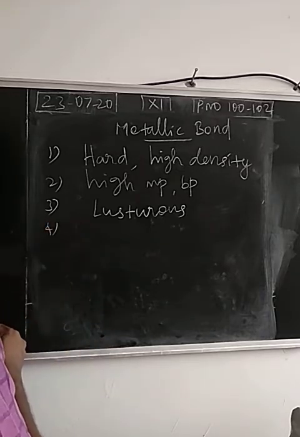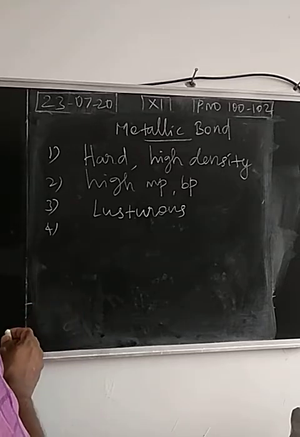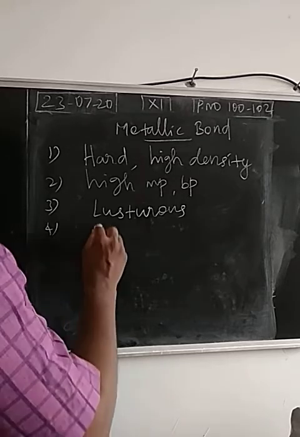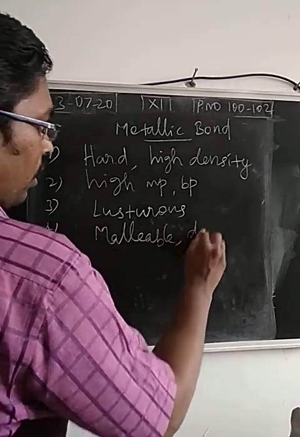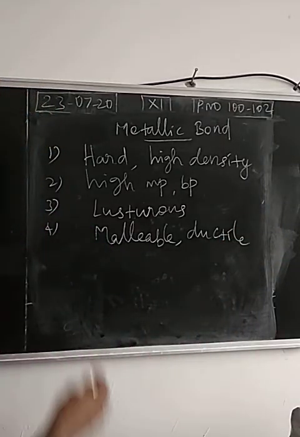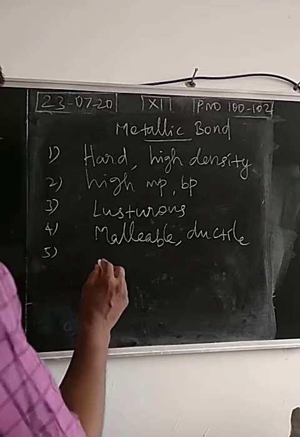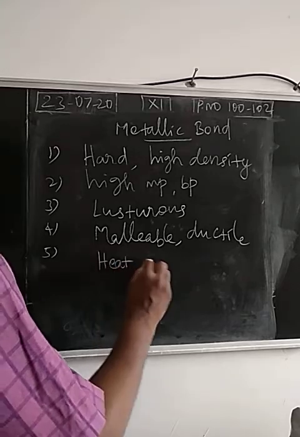Metals can be made into plates as well as wires. So we call them malleability and ductility. So metals are malleable and ductile. Malleability and ductility are properties of metals. Then they are good conductors of heat and electricity.